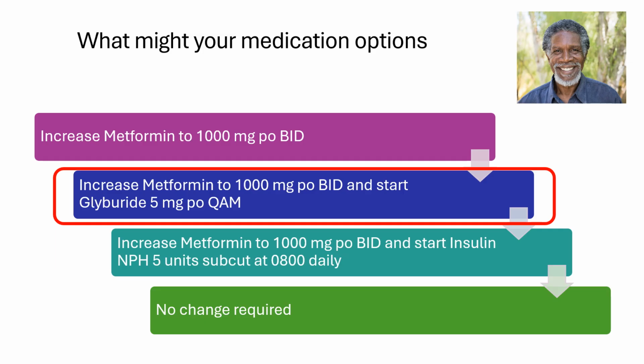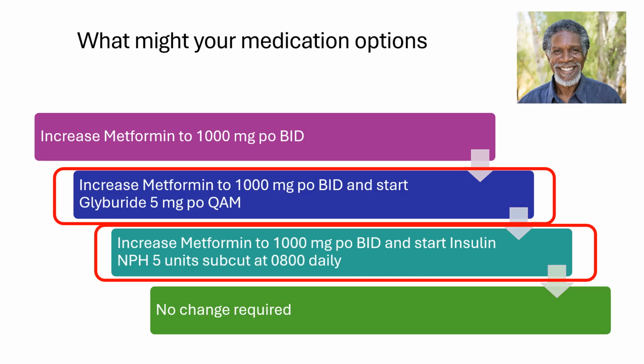So we don't want to make the diabetes the prominent problem in his life. We want to make it as gentle as possible, and possibly he can be managed on glyburide in the morning, and we can increase that dose of glyburide. We could start gliclazide as well if that doesn't work. So maybe the next step would be just another gentle step up and see where we're at.